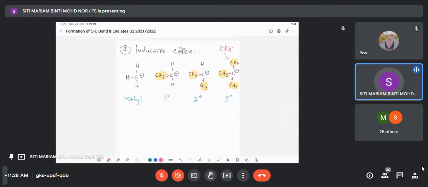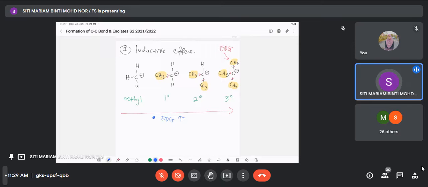Based on that, I can draw an arrow like this for the explanation, moving from the left to the right.